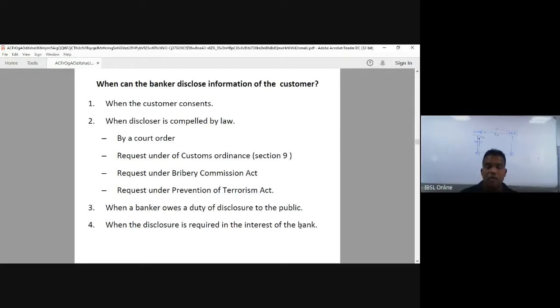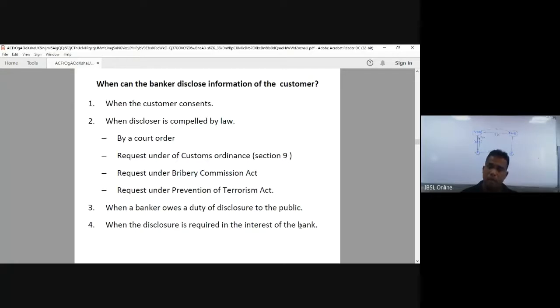But the public doesn't know that the money is in this account. In a situation like that, the bank has a duty to inform the public that you are holding the funds of this company.